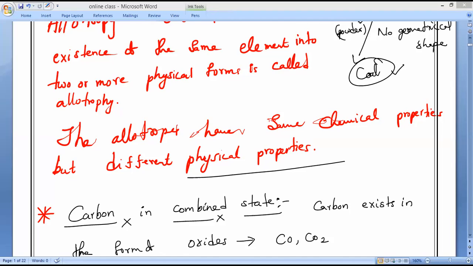Now, coming to the last, another allotrope of carbon, which is a recent discovery, only discovered in the 1990s. It looks like a football-like structure. What is that called, guys? Fullerenes. Understand?